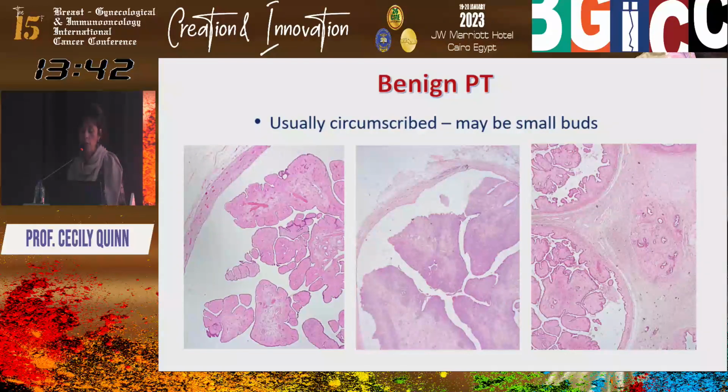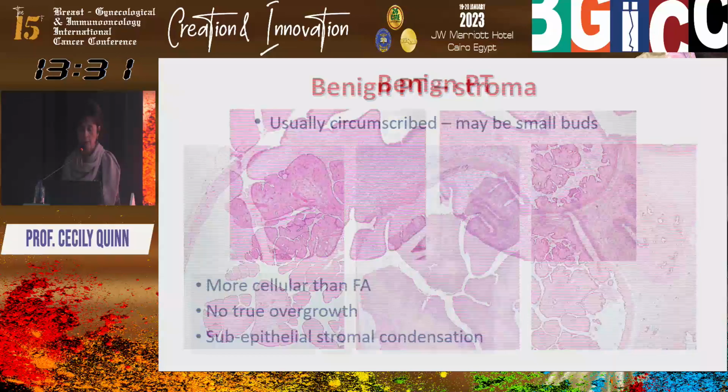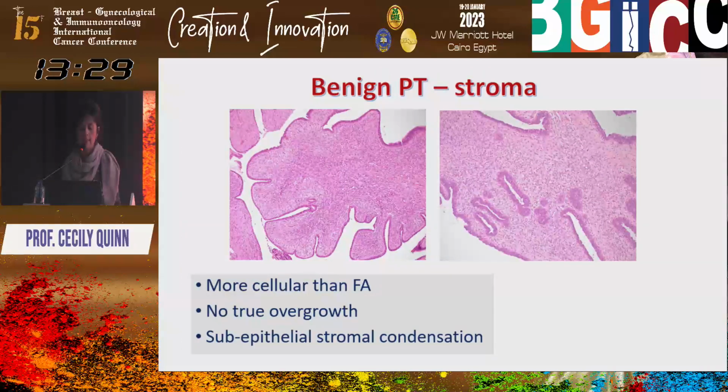A benign phyllodes tumor is usually circumscribed. You may see very small buds going out into the stroma, which does not necessarily mean that you can't have a benign classification. The stroma is typically more cellular than fibroadenoma. However, in a benign phyllodes tumor, we do not see true overgrowth.